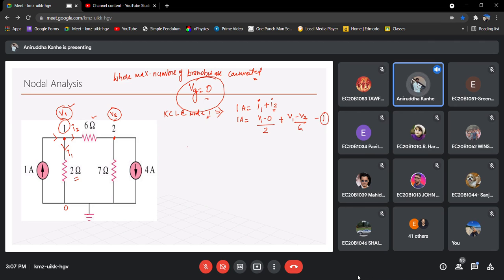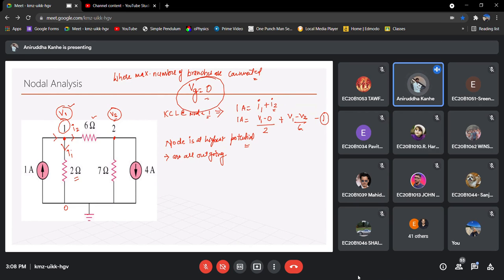Now you should always consider that the node for which you are writing the nodal equation is at the highest potential. What does it mean? It means that unless otherwise mentioned, whatever currents you are considering are all outgoing currents.